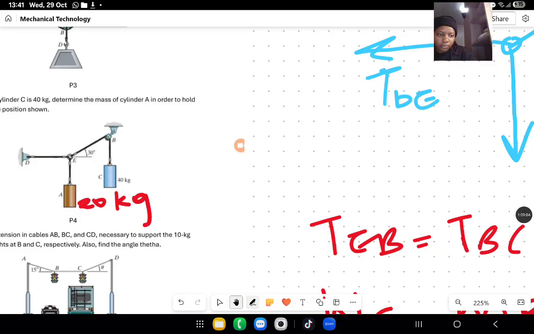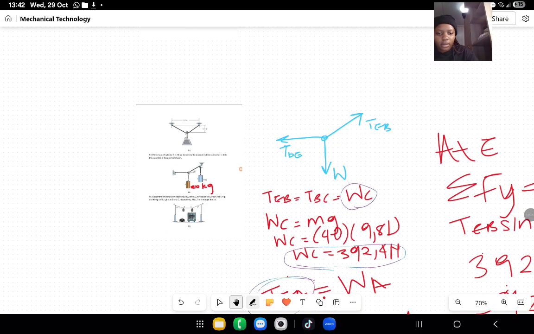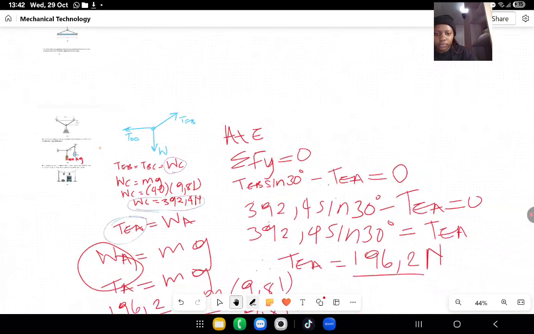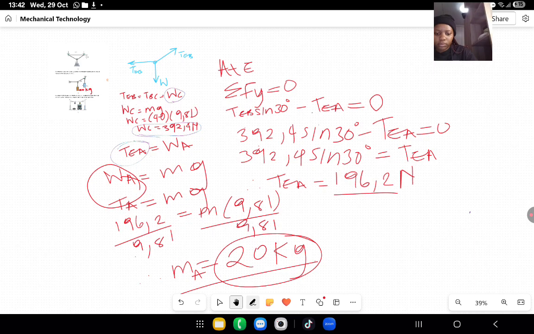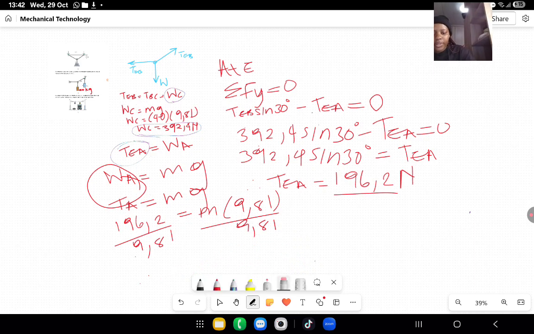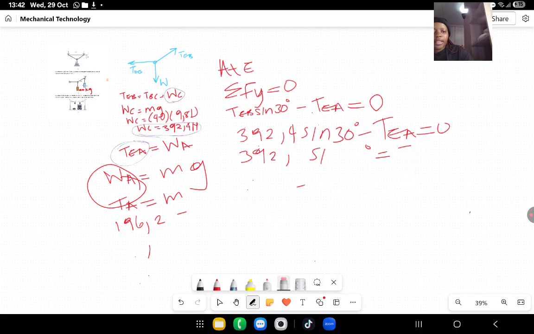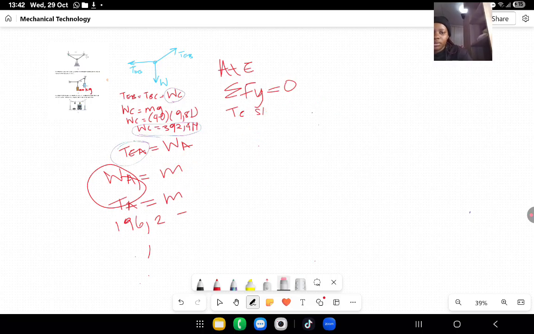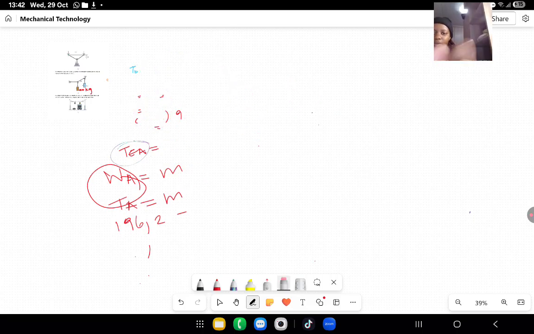Now let us draw our polygon diagram. For number 4, let's do our number 3 again using our vector diagram.